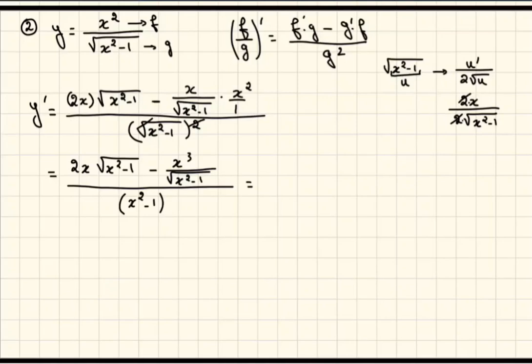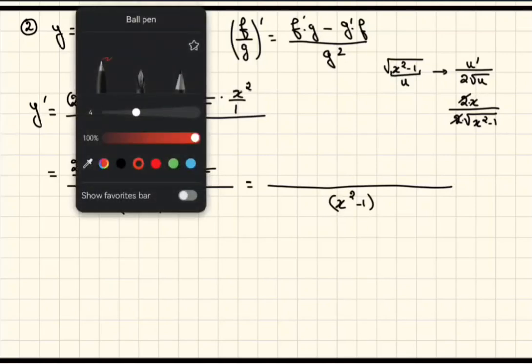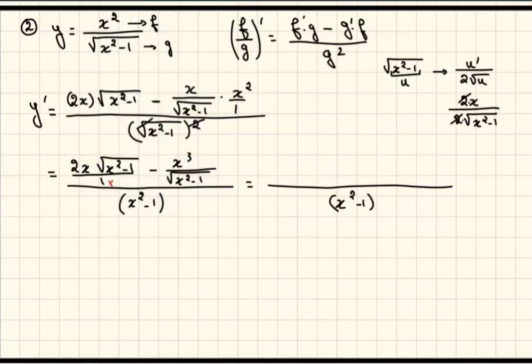Now, to simplify more, in the numerator we have something minus a fraction. So you cannot subtract unless you have the same denominator. So what I will do is to write over 1 for this, and I should make common denominator. So I should multiply by the other one, which is radical x squared minus 1, up and down.